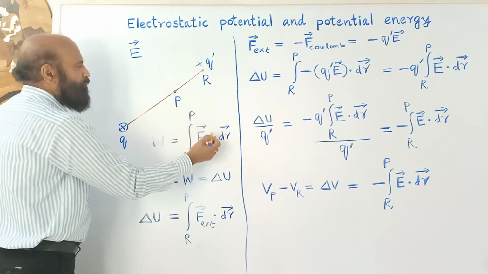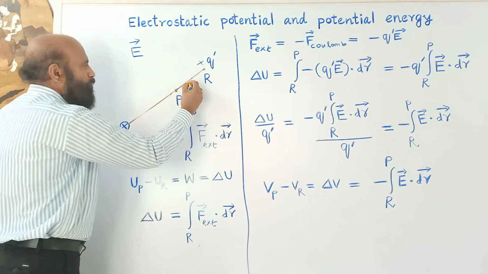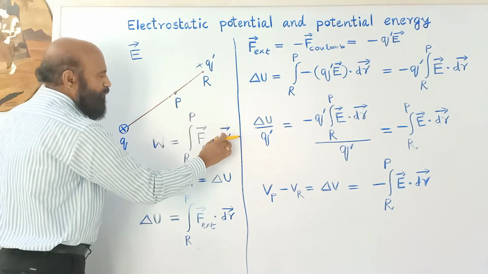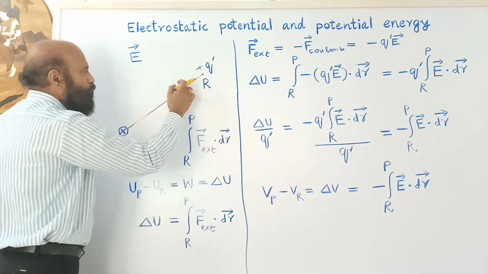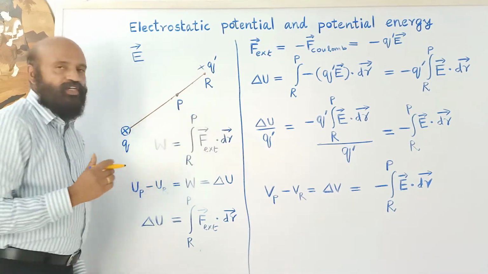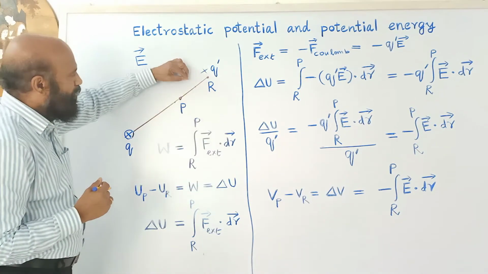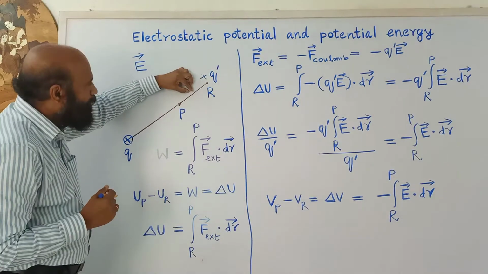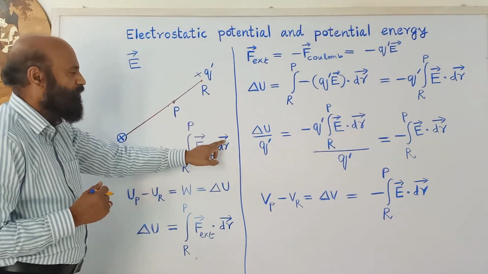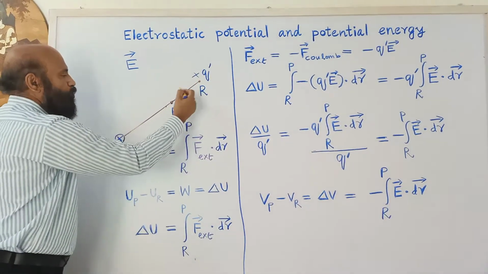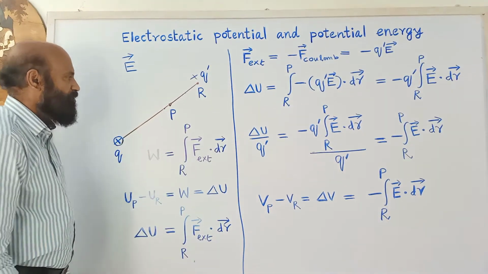First we are getting the work to be done for a small displacement dr vector. Then for getting R to P we have to integrate it. So we have to use calculus for finding the work done. So first we are getting it for an infinitesimal displacement of dr vector. Then to get from R to P we have to integrate it.